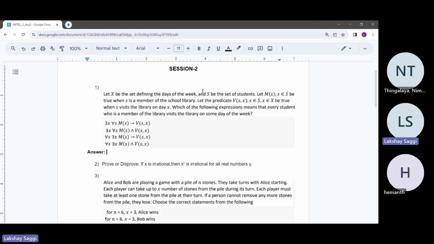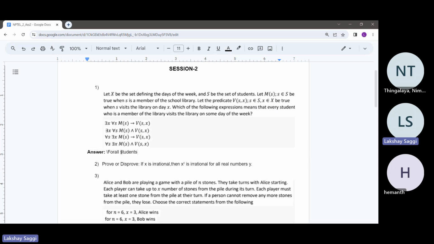So what do we want to say here? That for every student, there exists a day in the week when the student has visited the library. I'll type it out not in terms of symbols, but in basic notation, and then we'll see which option matches what I'm trying to say here.